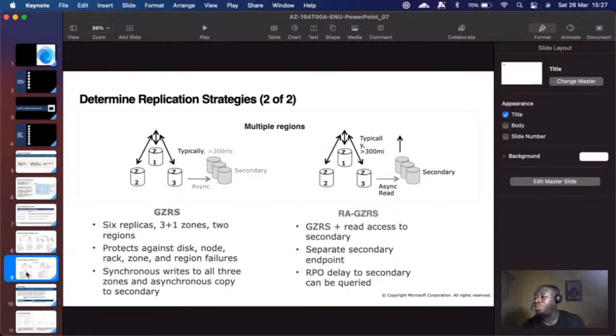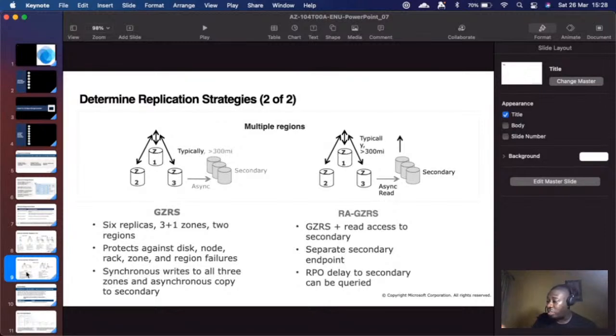to the secondary, right? The next one we're going to be looking at is the read access zone redundant storage. I know. It's like, oh, you're having the zone redundant storage, now you're having read access to the redundant storage, and you're wondering, why am I having all of this? Well, the difference basically is that this time around you have read access to your secondary for the zonal redundant storage.